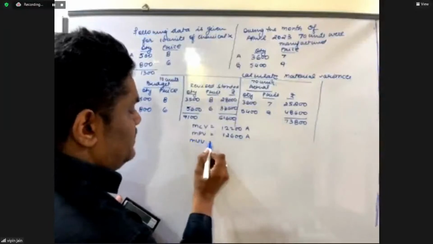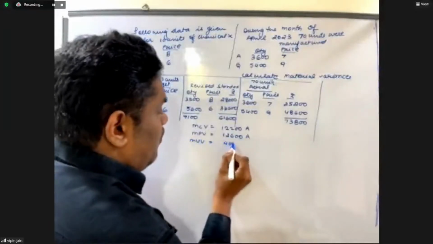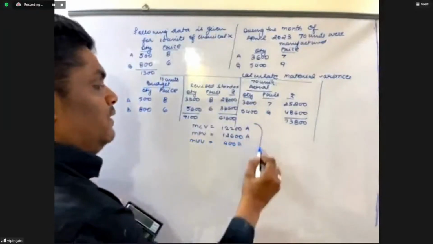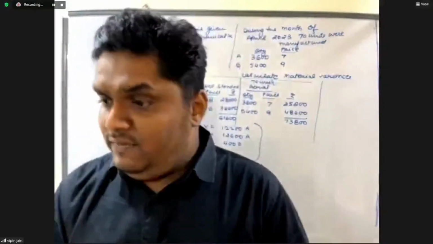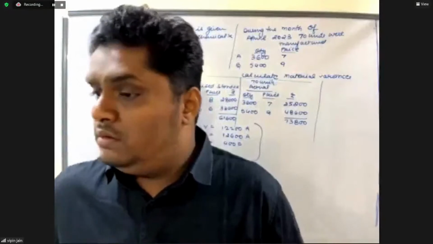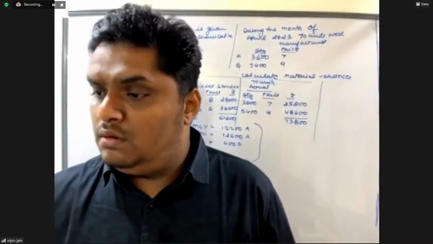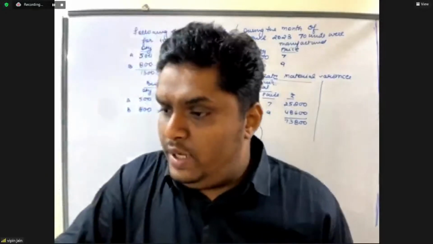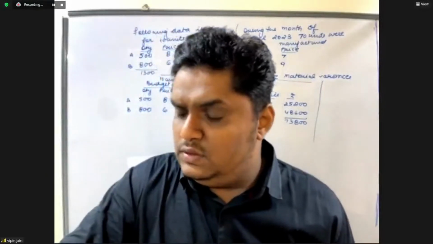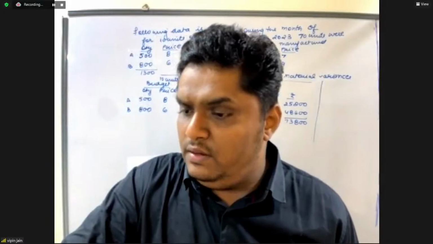Material usage variance will be 400 favorable. The rest you can calculate. So this is the way you have to solve the question. I think most of the students' answers were correct. Very good, everyone.